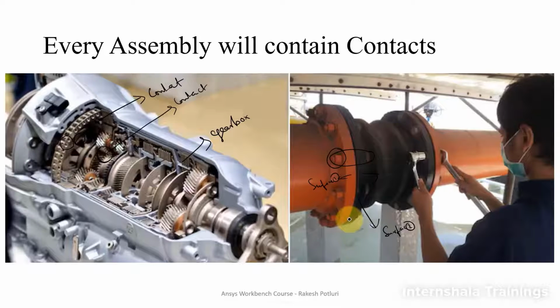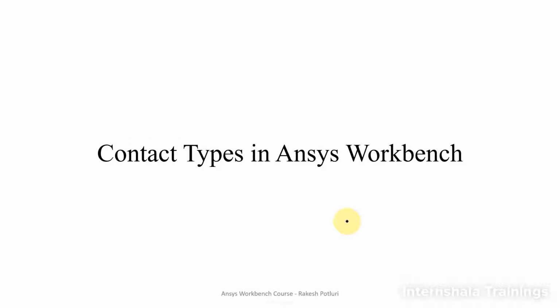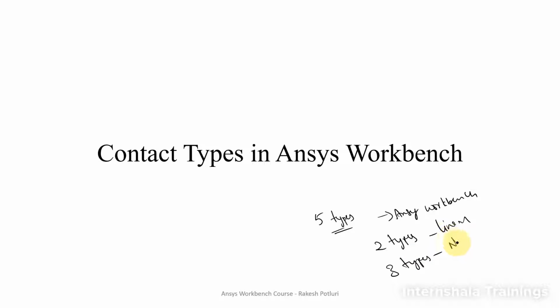So the next thing is we learn about what the contact types and their contact behaviors are inside ANSYS Workbench. Remember, there are 5 types of contacts present in ANSYS Workbench, and among those, 2 types are for linear analysis, and 3 types for non-linear analysis.